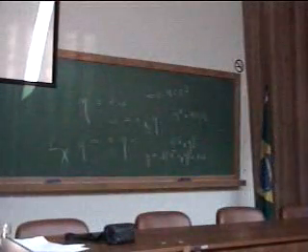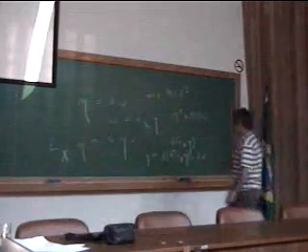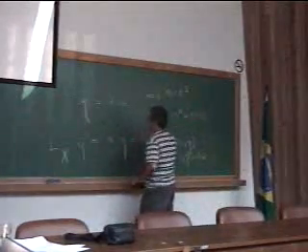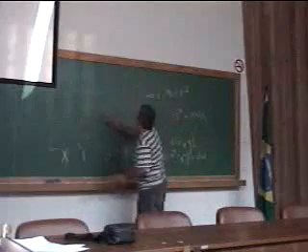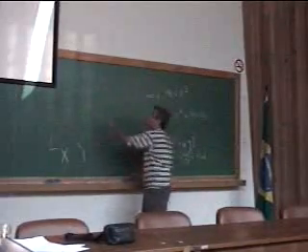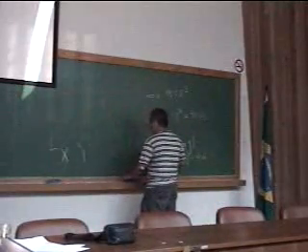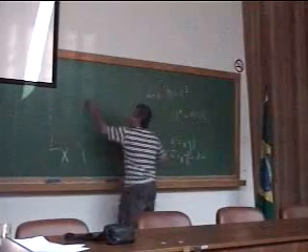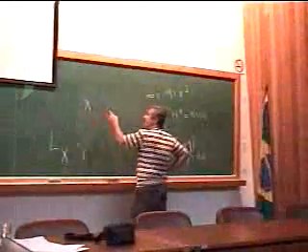The idea of the proof is, first of all, to prove that the vector field x here is a vector field tangent to the surface, but it can be proved that x extends.